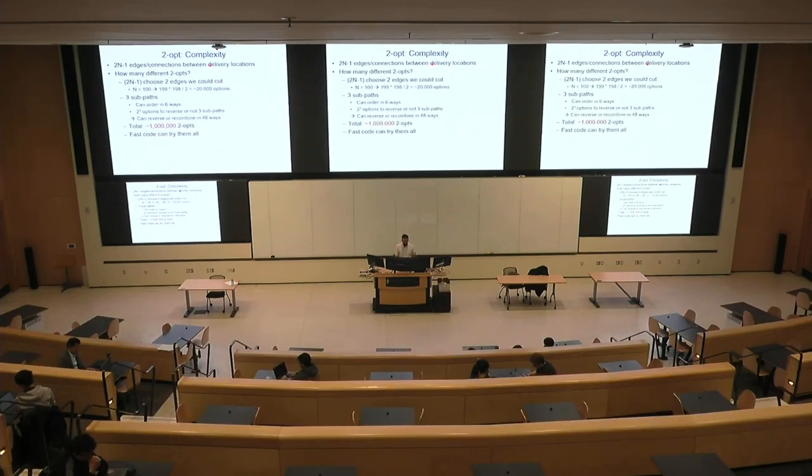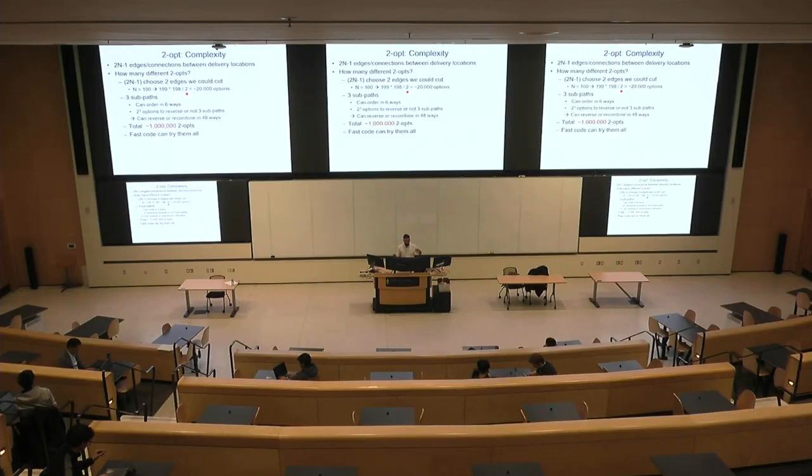If we calculate this, first of all, we need to choose 2 edges out of these 2n-1 edges to cut our path. So this is a choose operator, 2n-1 choose 2, that's around 20,000 options if we have n equal to 100.